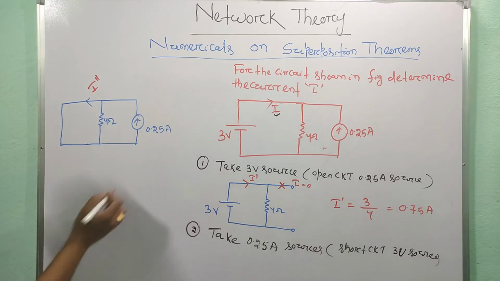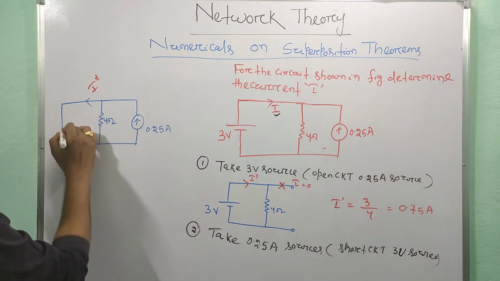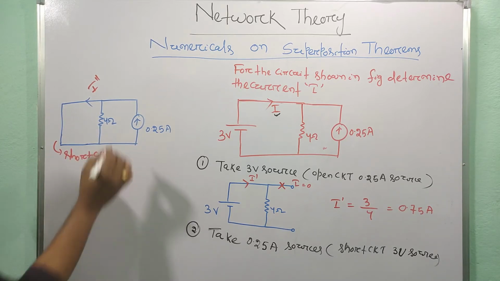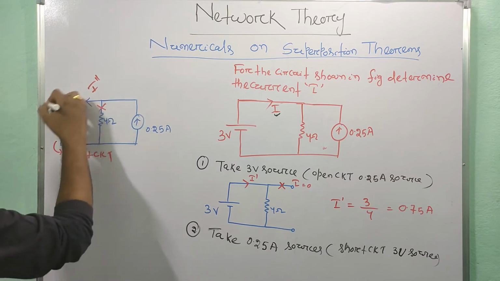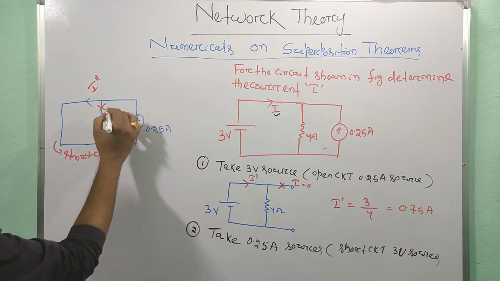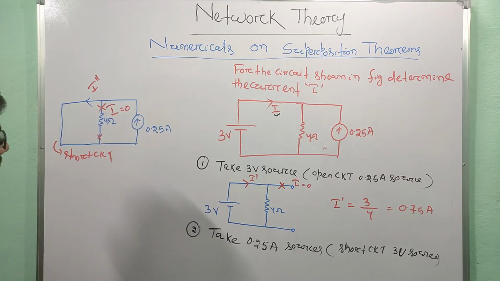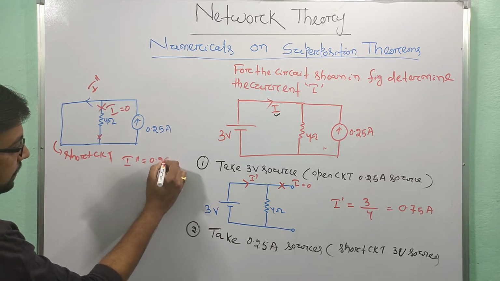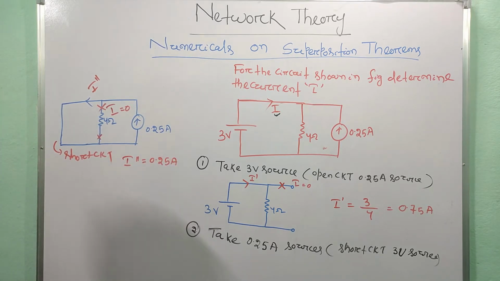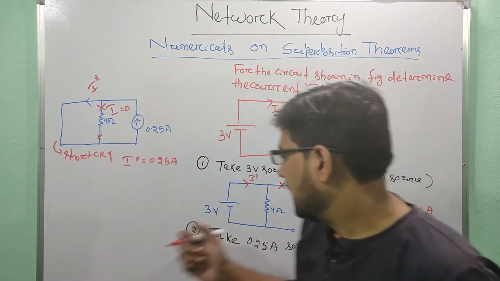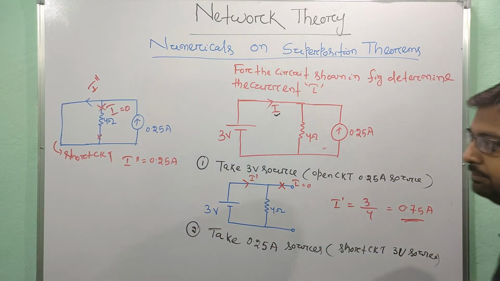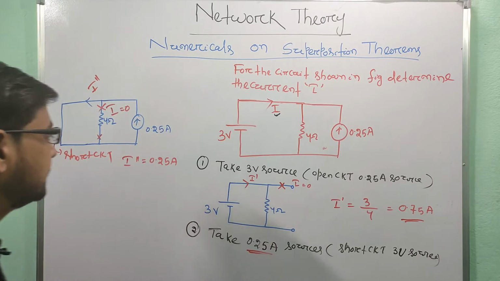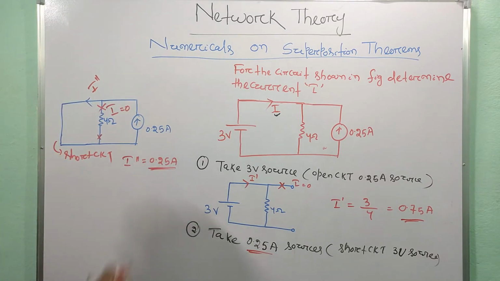You see here it is a short circuit path, so all the current flows through that branch. In the 4 ohm resistor branch, no current flows, that is I is equal to 0. So I double dash is equal to 0.25 ampere. For the 3 volt source I get I dash equal to 0.75 ampere, and for the 0.25 ampere source I get I double dash equal to 0.25 ampere.